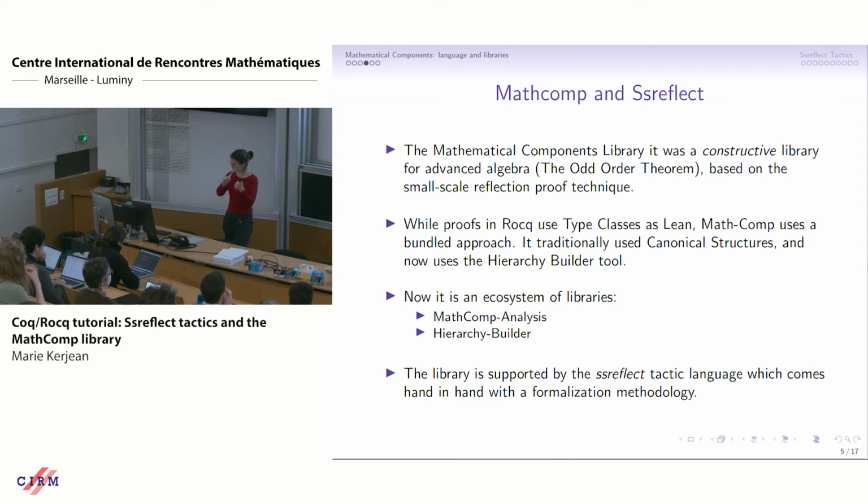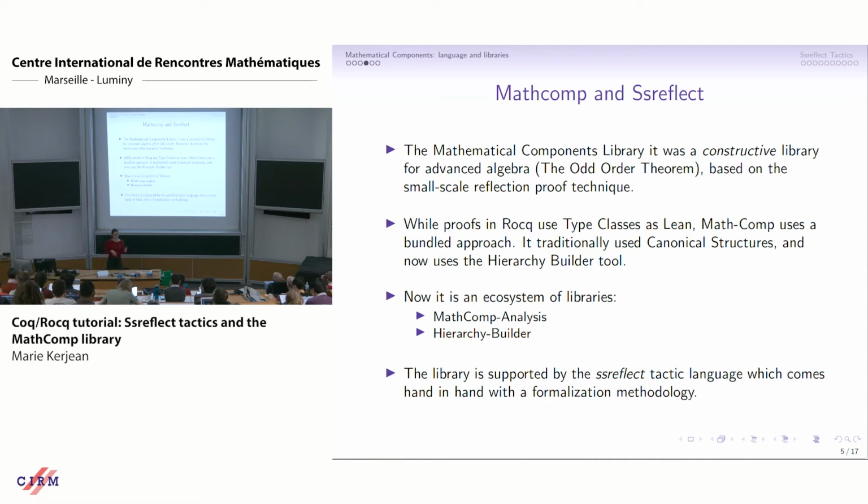So you have the Rocq proof assistant, the MathComp library, and you have something else, which is Ssreflect. And Ssreflect is a language. Ssreflect, at the very core, is a set of tactics. Apply, we do not have intro, we have something else. And this set of tactics is thought of as a very small and complete set of tactics, which is minimal and which allows for a very specific methodology of formalization.